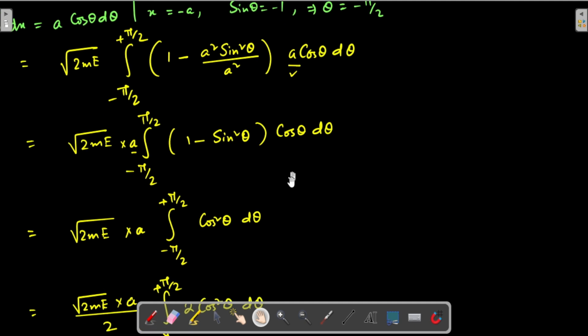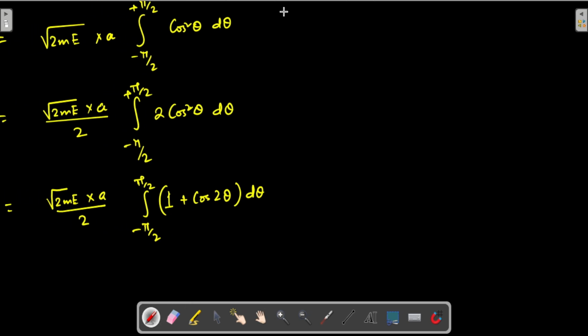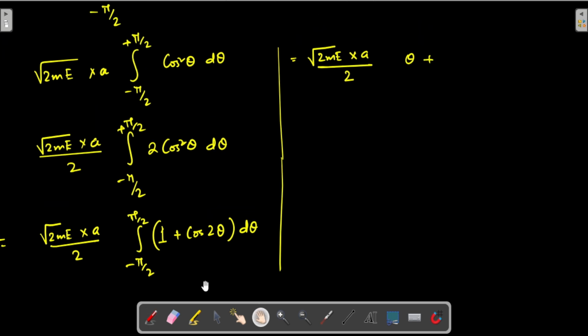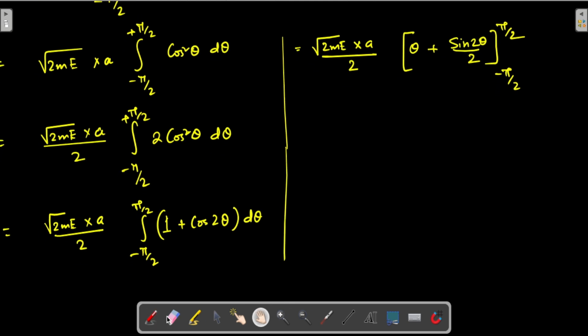Now to solve the equation, root over 2mE into a by 2, here will be theta plus, if we integrate cos 2 theta d theta, it becomes sin 2 theta by 2, and the limit will be minus pi by 2 to plus pi by 2.